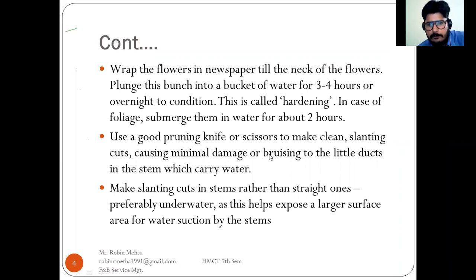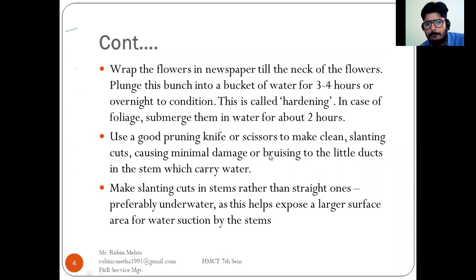If we buy roses from the market, white roses, red roses, or lilies, any kind of flower, the stem is 2 feet with the flower, leaves and stem. But when we use that flower in a flower arrangement, we need only 1 foot or half a foot, so we may need only the flower part.